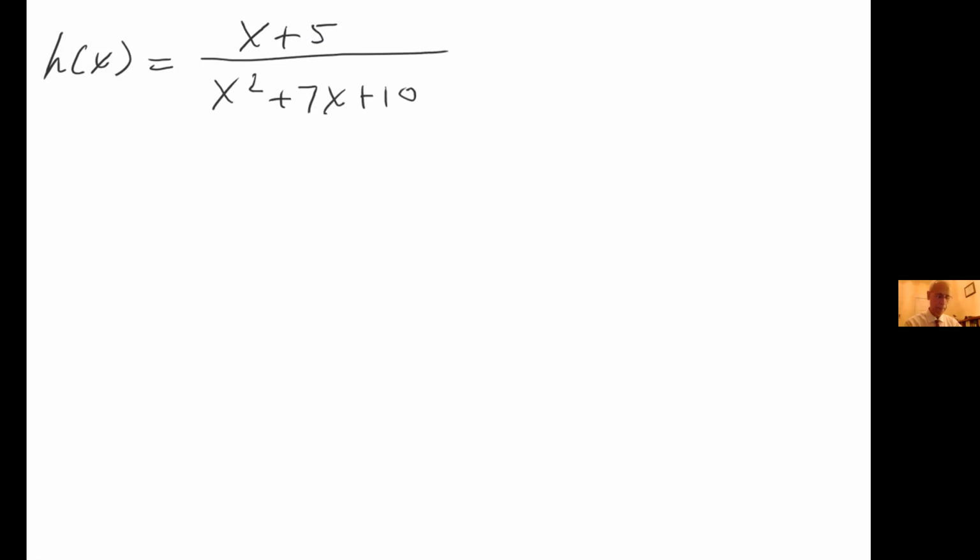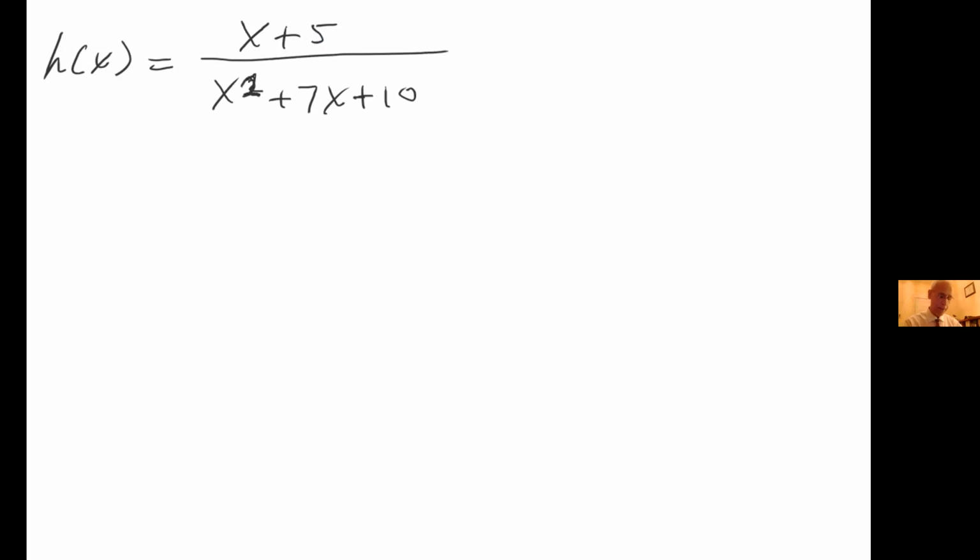How about this time h of x equals x plus 5 over x squared plus 7x plus 10. Notice that once again our rational function is not in its most reduced form, so it's not a proper rational function, it's improper.